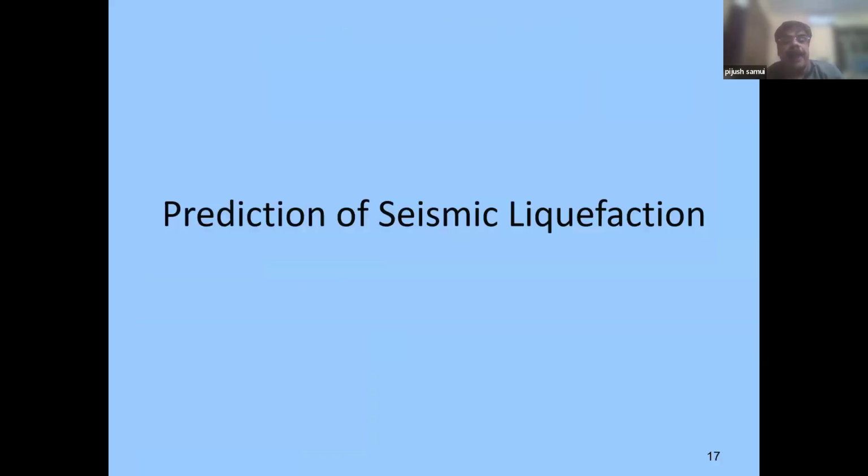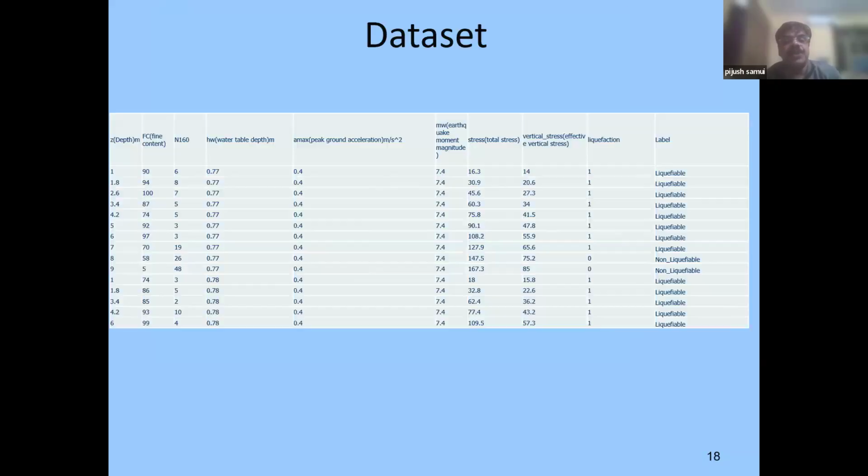So next, my project is the prediction of the seismic liquefaction of the soil. As we know, the seismic liquefaction potential of the soil, everybody knows, so I am not going into the details actually. So what I have done: I have taken one large earthquake-based database of the SPT test.